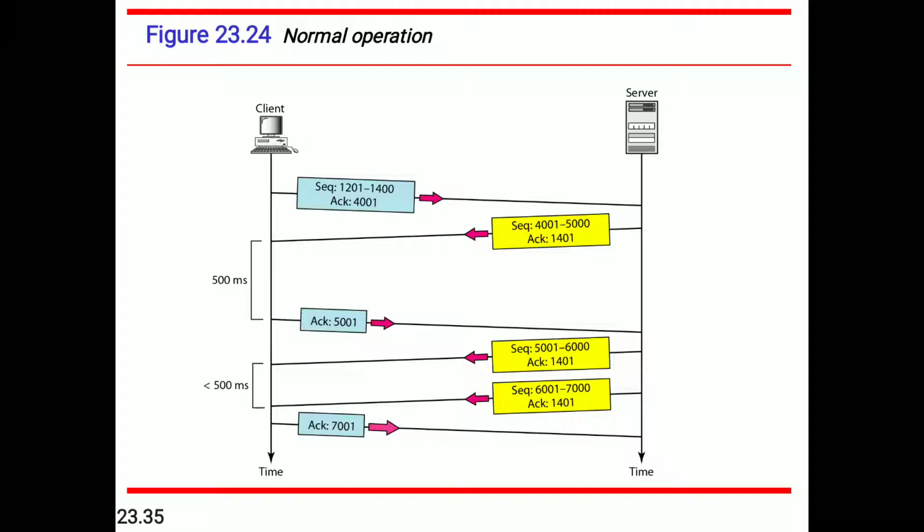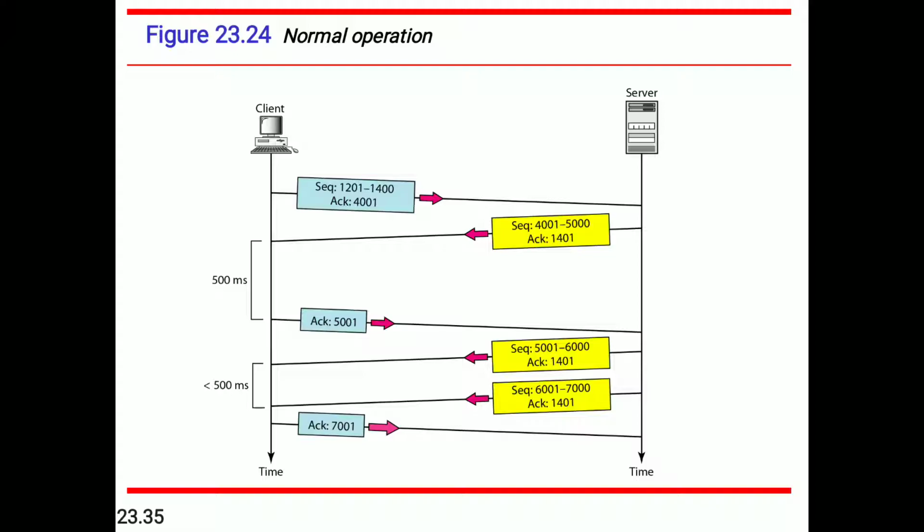TCP is a reliable transport layer protocol. This means that an application program that delivers a stream of data to TCP relies on TCP to deliver the entire stream to the application program on the other end in order, without error, and without any part lost or duplicated. For that, TCP provides reliability using error control.